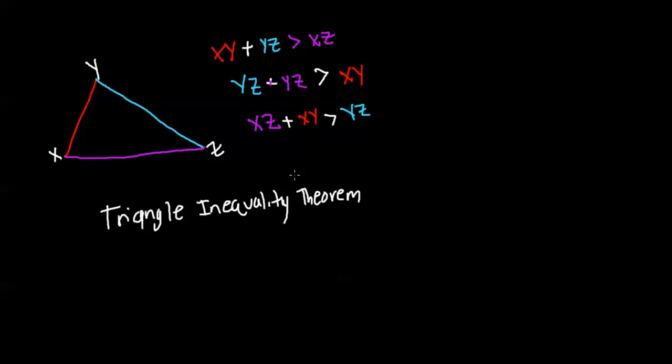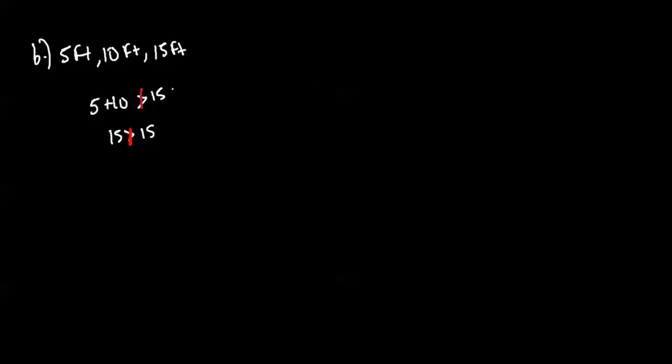And if we add XZ plus YZ, that is greater than XY, and if we look at the final part, XZ plus XY is greater than YZ. So basically, if we add any two sides, it has to be greater than that third side that we did not add.